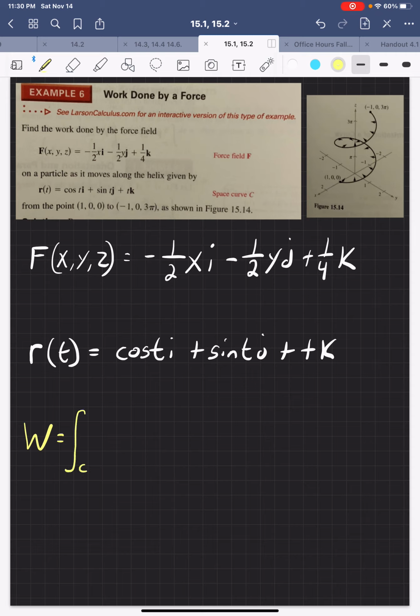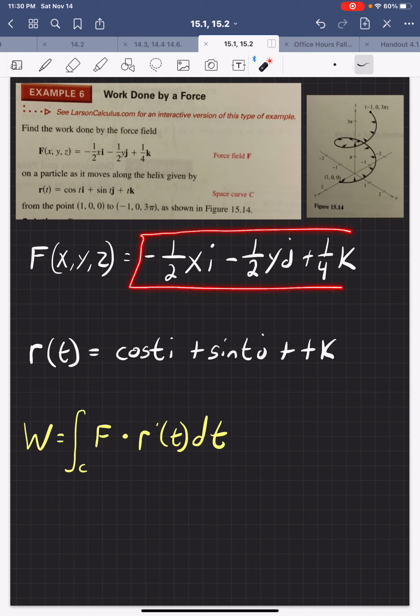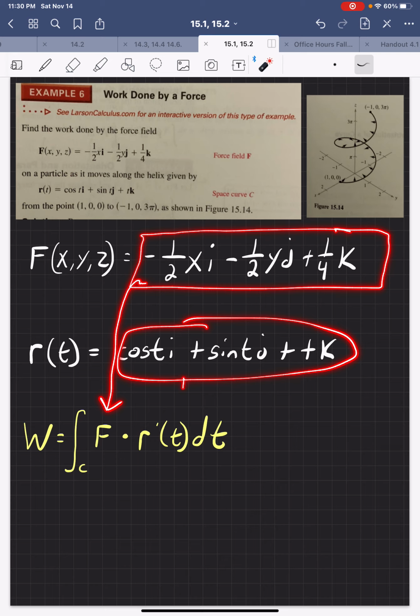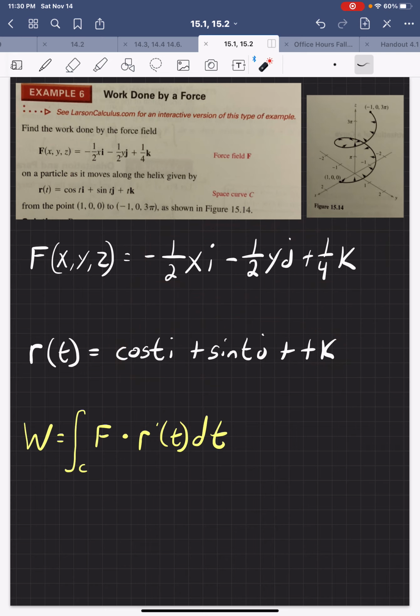So we've got our line integral, and it's the dot product of F and r prime of t dt. Let me now tell you the most common mistake. A student grabs F and plugs it here, then grabs r and takes the derivative, plugs r prime here, and then starts integrating.